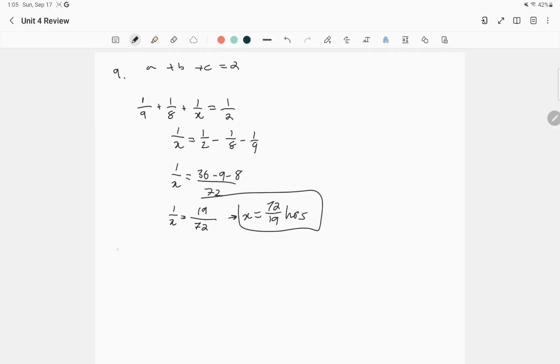All right. Then we have 10, which is: Stanley and Andrew are rowing a boat from town A to town B and back on the Nile River. They travel upstream 3 miles and downstream 3 miles at an average speed of 5 miles per hour. If the trip takes them 4 hours, what is the average speed of the current? All right, so 4 total hours is going to equal what?